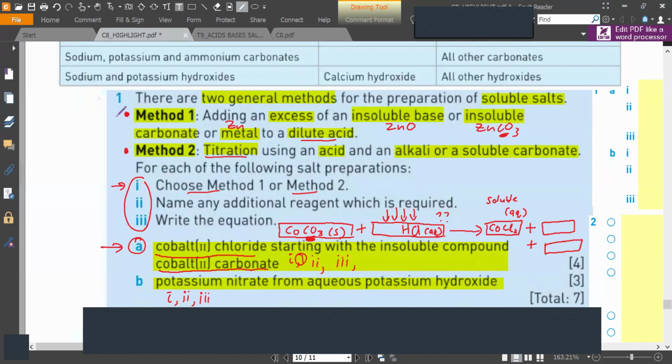Method 1 is when we have insoluble plus soluble. Method 2 is when we have soluble plus soluble.